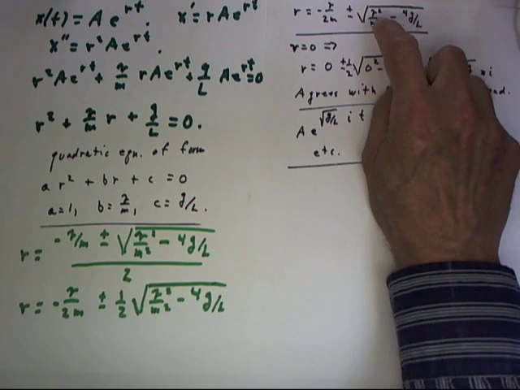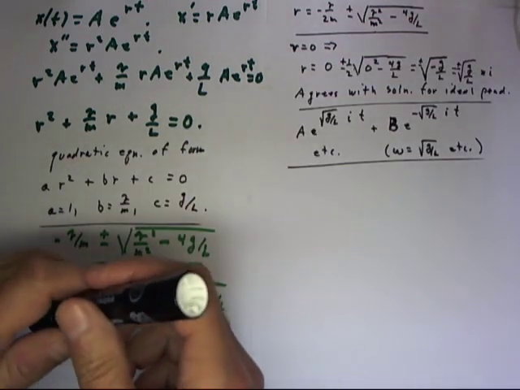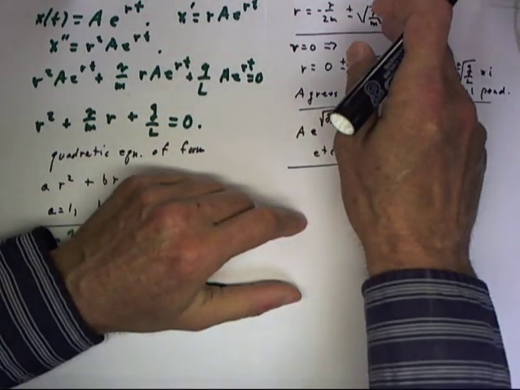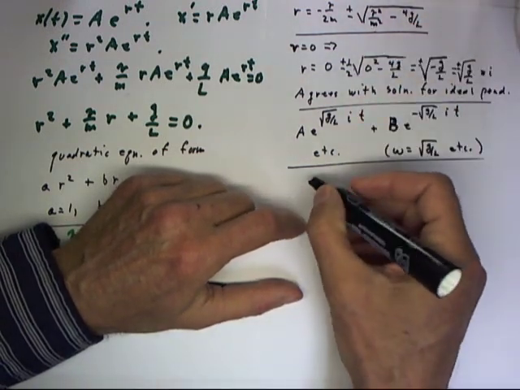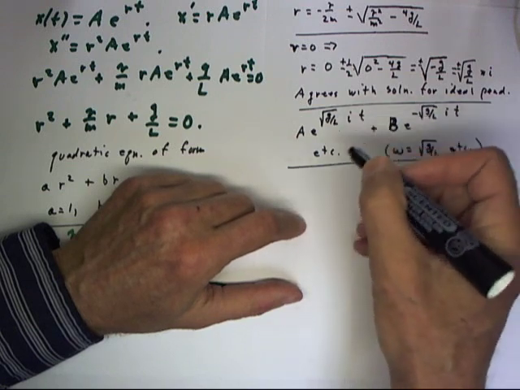Now another important solution, the one that kind of serves as a demarcation between the real and imaginary solutions we're going to get for the square root.